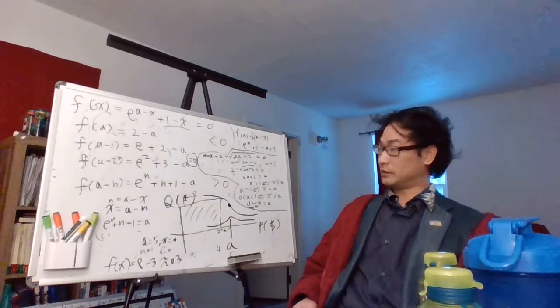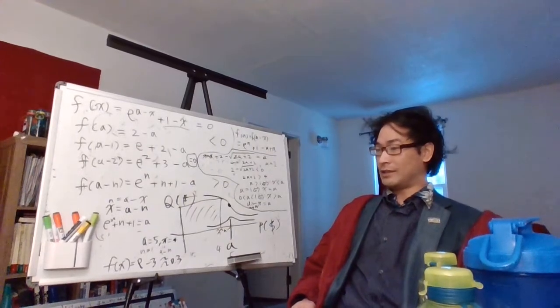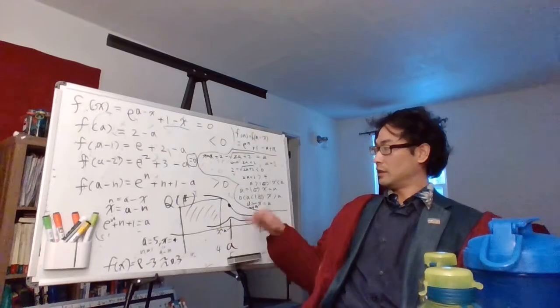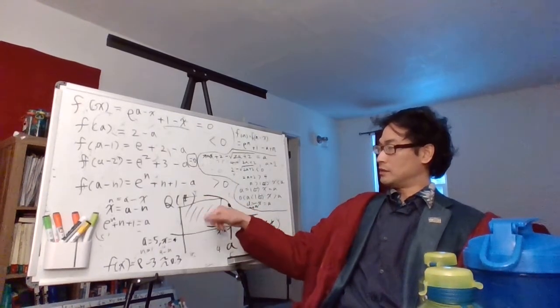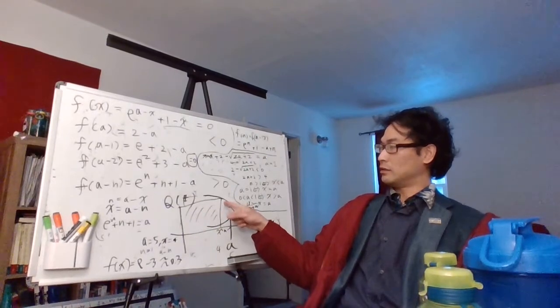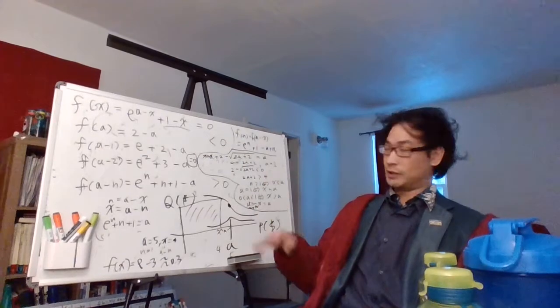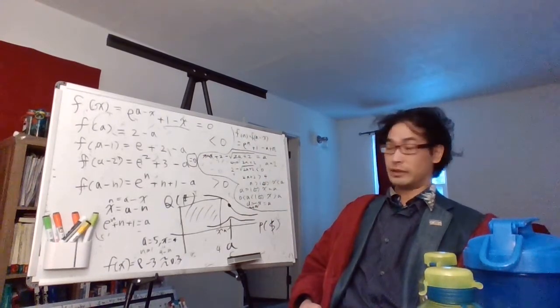So we assume x to be near a, but I think that's a reasonable assumption. Why? Think about it. You want to maximize this rectangle touching this curve, which is a flipped sigmoid function, a logistic curve.